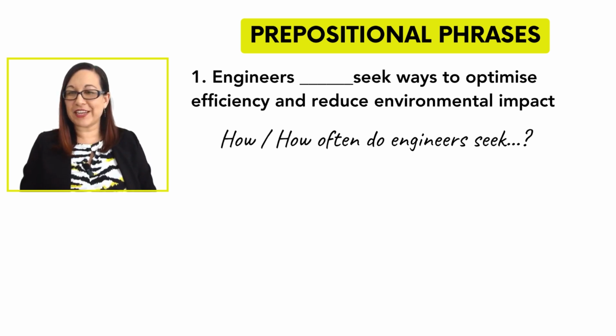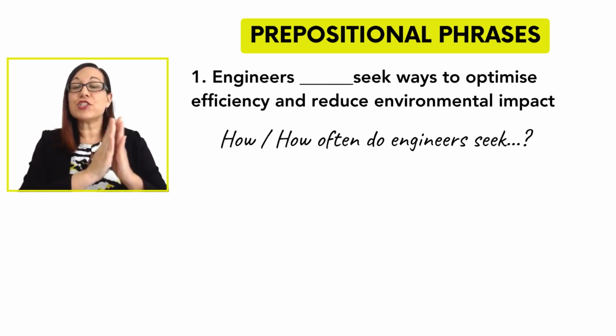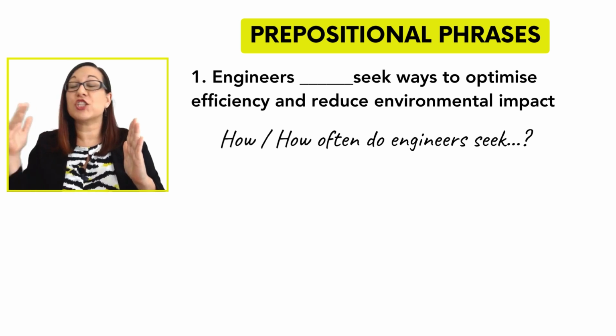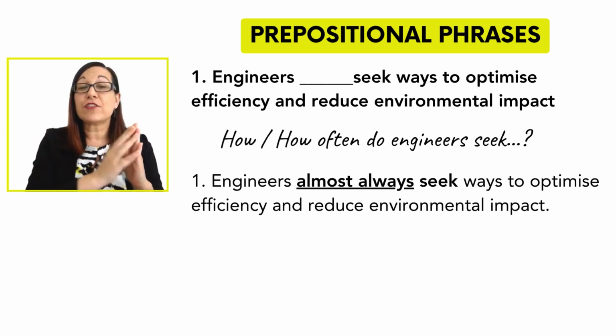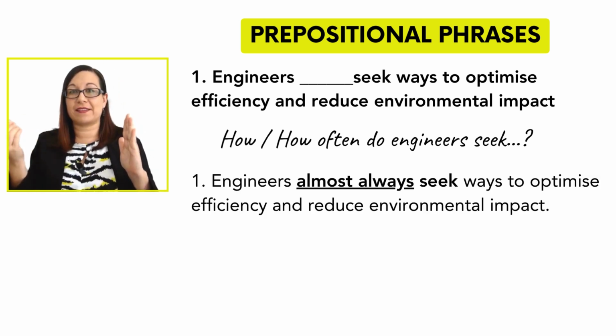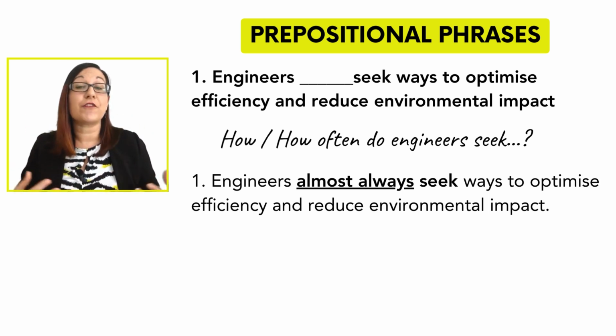Okay, so hopefully your answers match my answers. In the first sentence, we needed to have an adverb here. So, engineers seek ways to do something. How do they seek? Well, engineers almost always seek. So I'm actually modifying this with an adverb of frequency.